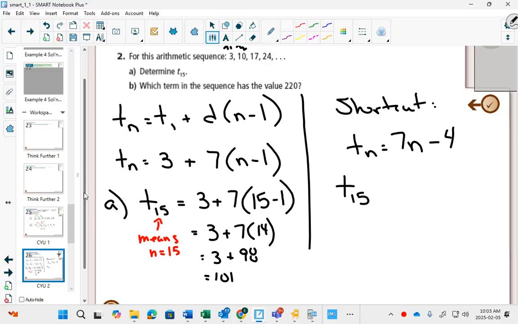I want to find term 15. Again, that tells us that the n value is 15. Then I would have 7 times 15 minus 4, which is 105 minus 4. Both of them give us 101, because they're the same formula, just written in a different way.